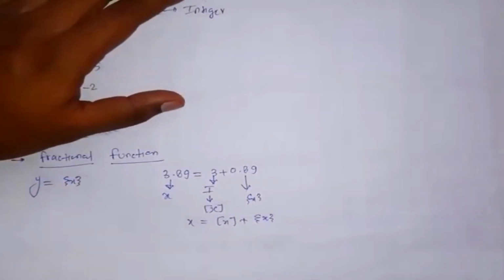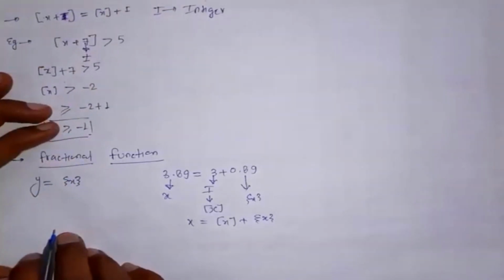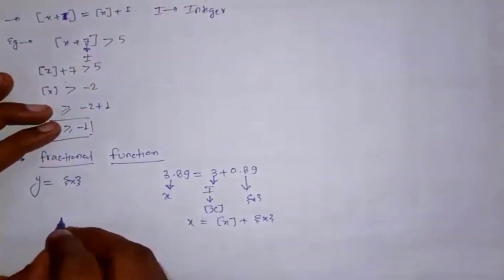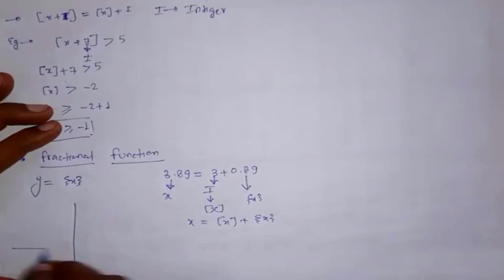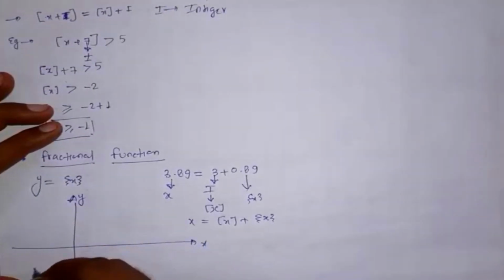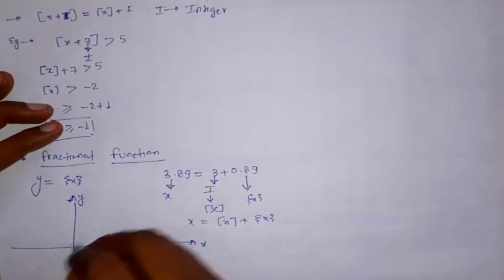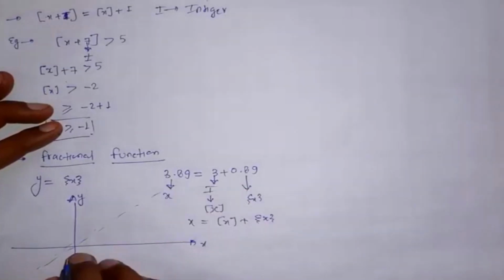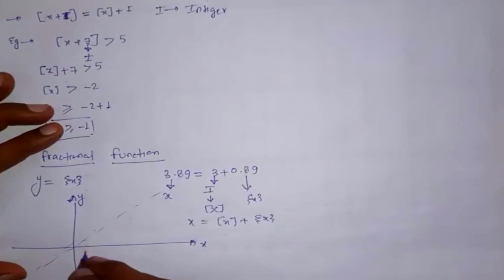For that we will draw the graph of the line y equals x, like this. Then we will mark the integers on the y-axis.